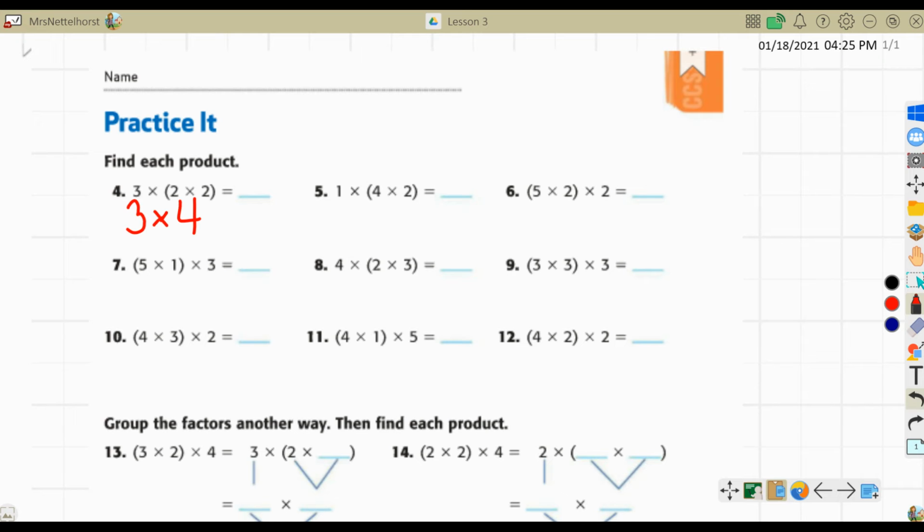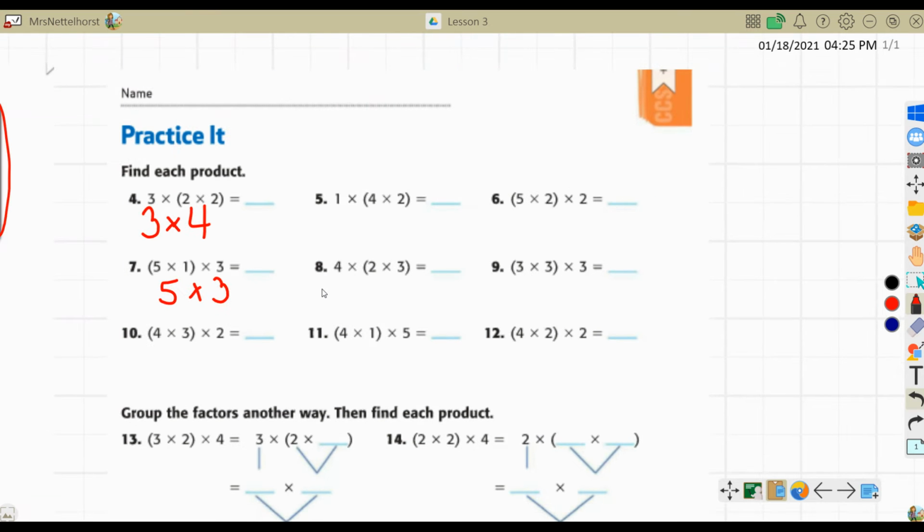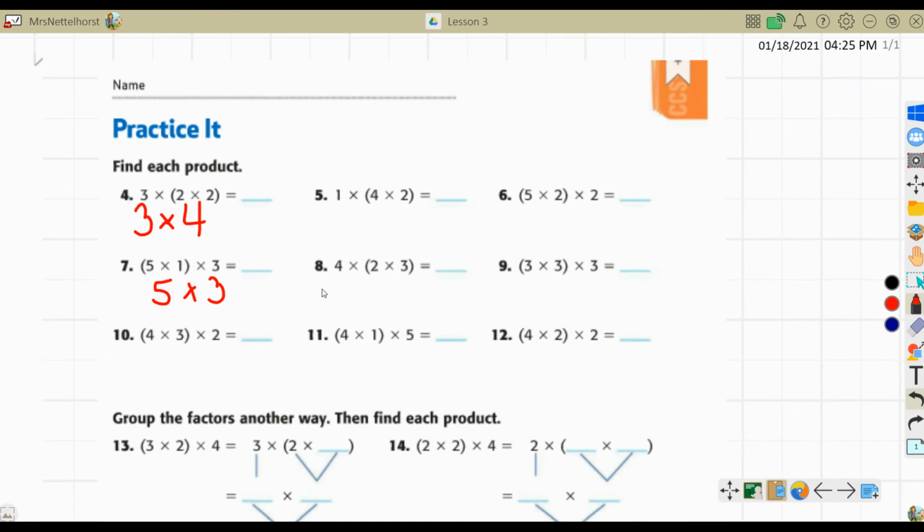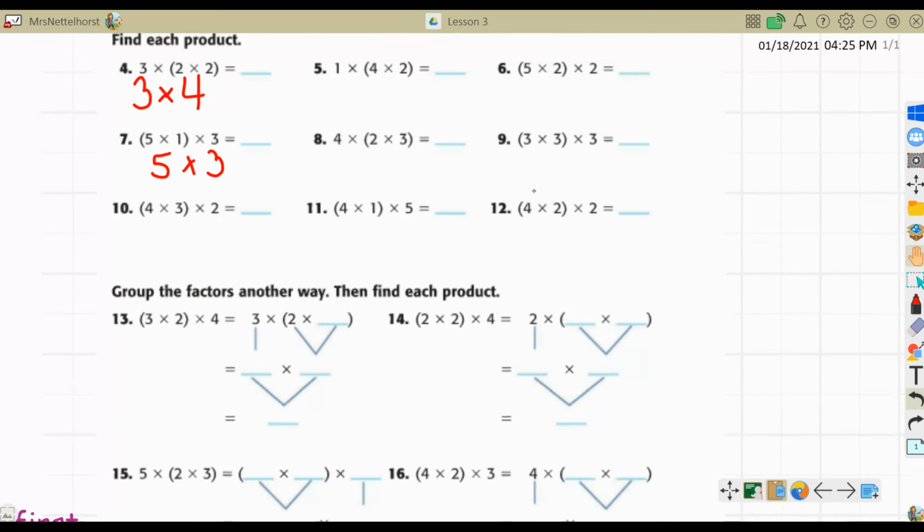So I'm going to put 5 times 1 is 5, and then bring down my times 3. I'm going to be grading for that. So you get a point for what's on the blue line, and you get a point for writing the number sentence correctly underneath. Okay, so hopefully everyone paid attention to this, or people are going to have some wrong answers because I know some people aren't watching the videos.